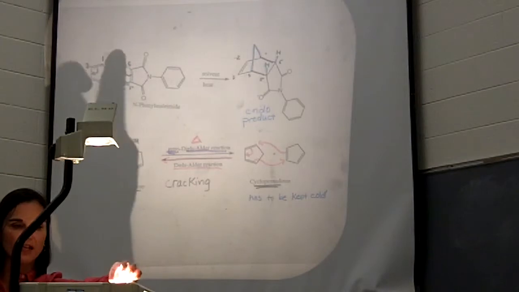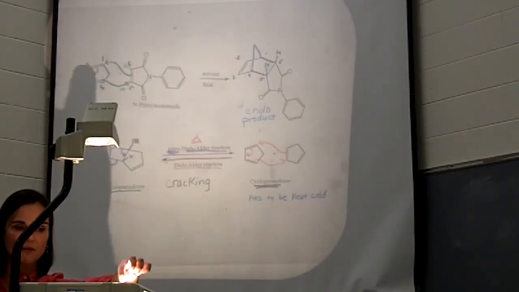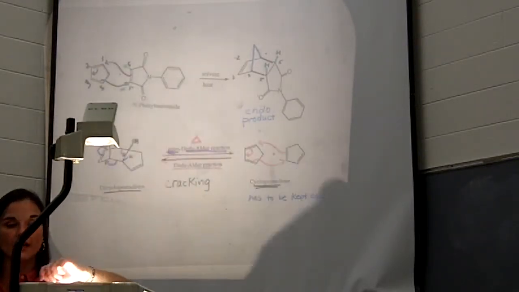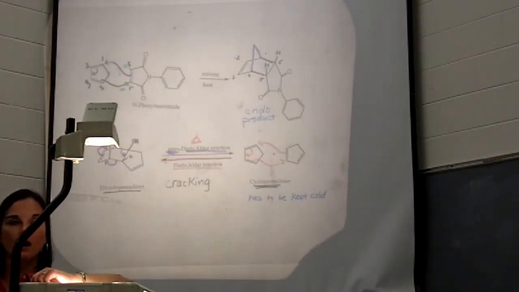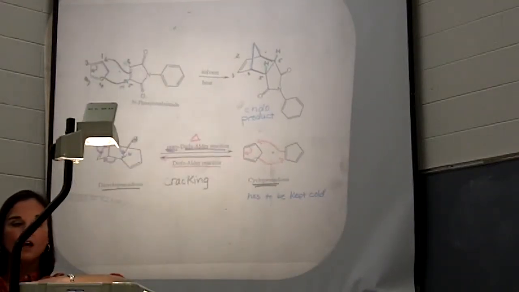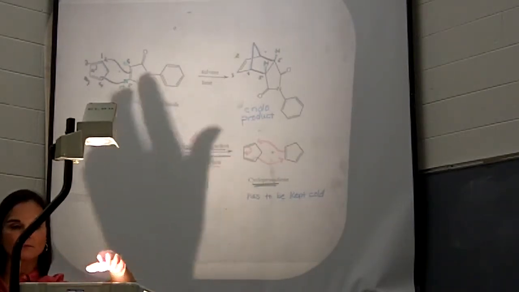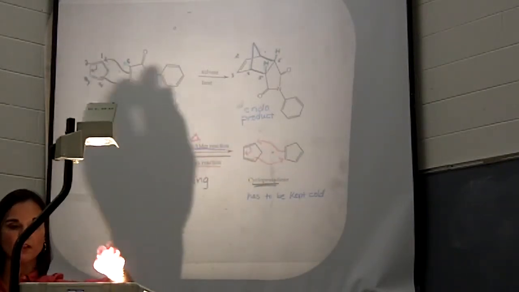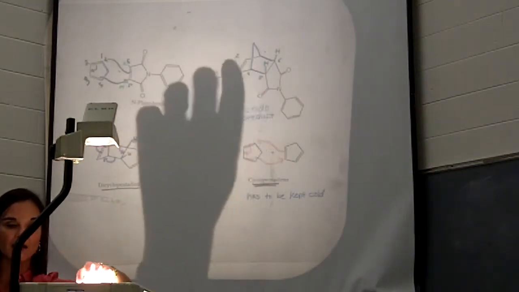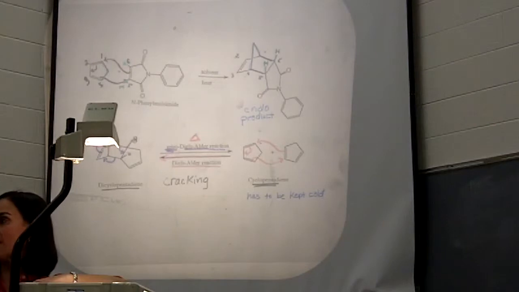I'll talk about here in a minute how we get our cyclopentadiene, but we've got our nice s-cis conformation with our cyclopentadiene, and then we have 2 electron withdrawing groups on our dienophile, and so we've made this definitely in need of some electrons or electron density. So these two really want to react together and react very quickly, and a lot of times they will react even without the heat.